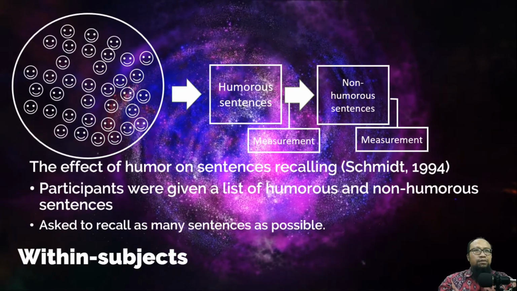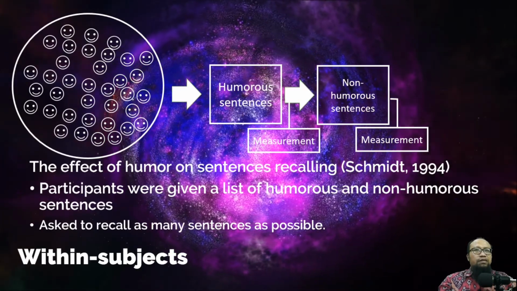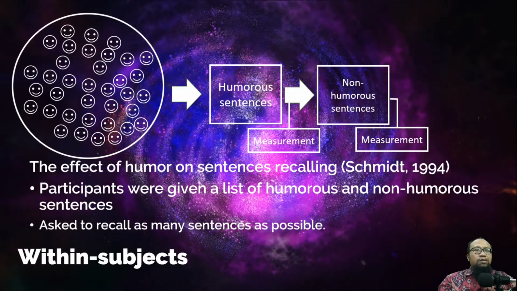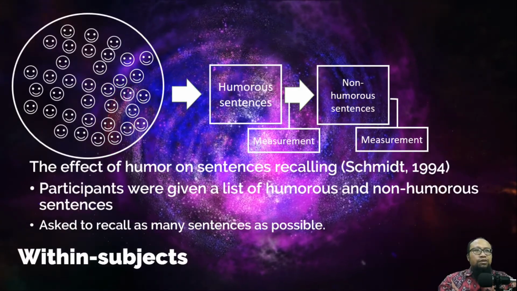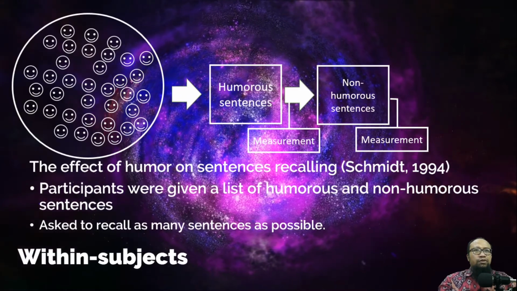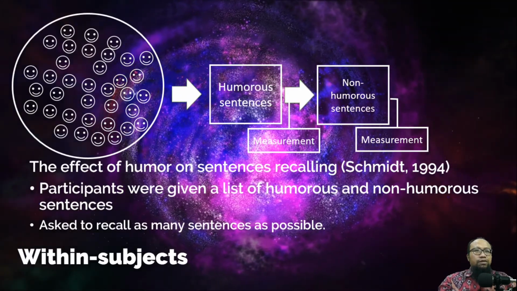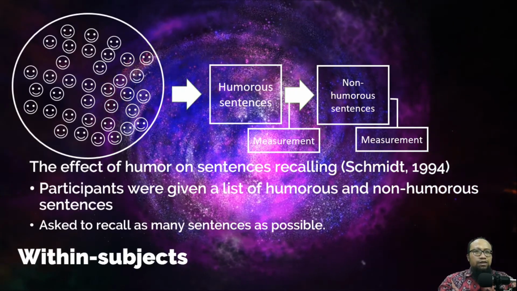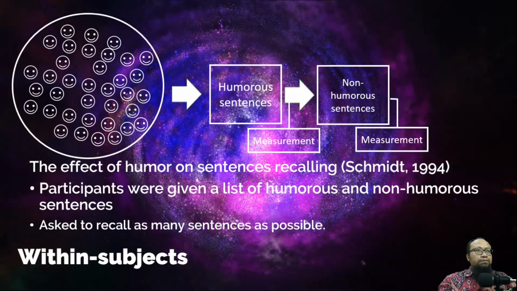This is the first step. After that, the participants go through a similar procedure, but this time with non-humorous sentences. Then we compare the results of the measurement. So this is one structure of within subjects design.